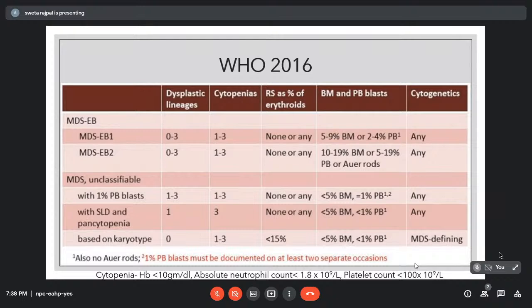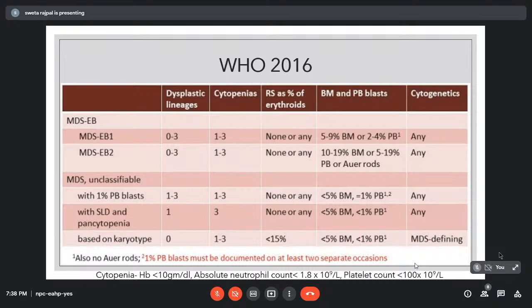The last category is MDS unclassifiable, where we have cytopenia without any dysplasia, or dysplasia without any cytopenias, and they have only MDS-defining cytogenetic abnormalities, or single lineage dysplasia with pancytopenia with any of the cytogenetic abnormalities, classified under MDS unclassifiable.